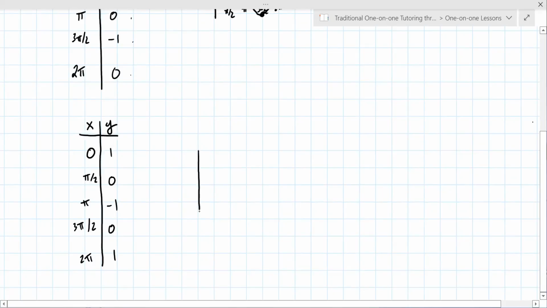And the graph of this starts high, starts at 0, 1. This is pi over 2. This is pi, 3 pi over 2, and 2 pi. So 0, minus 1, 0, 1. So it has this curvature because it actually oscillates forever, so you have to show these bends.